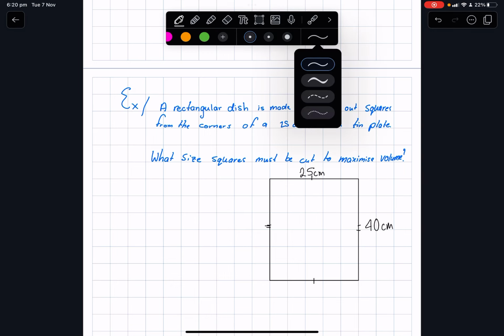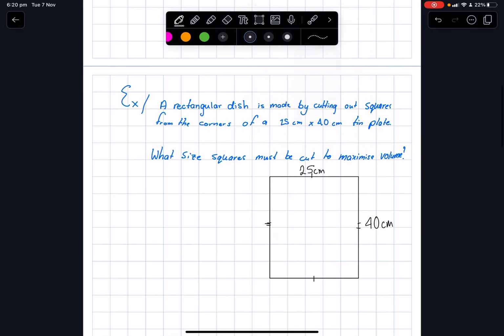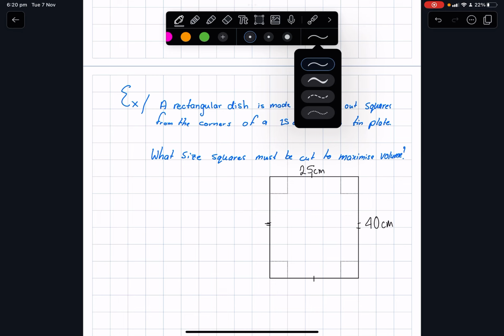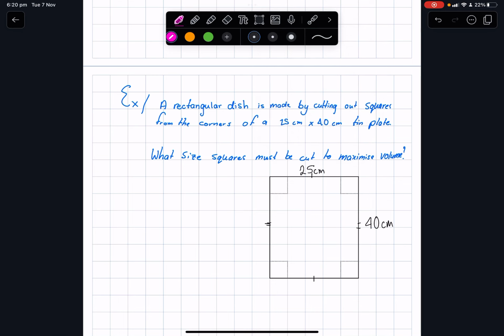So I'm just going to make my pen dotted, so it's super easy to see that these are my cutouts. So I'm going to just put them into my four corners, just like this. And we've said that they're squares. So that means they are all the same length, and I might just denote that with a pink single line. Okay, so different to the black single line.